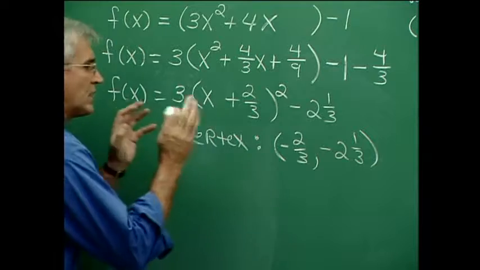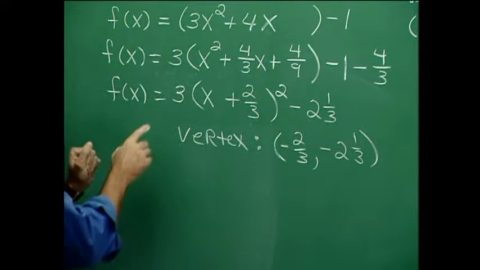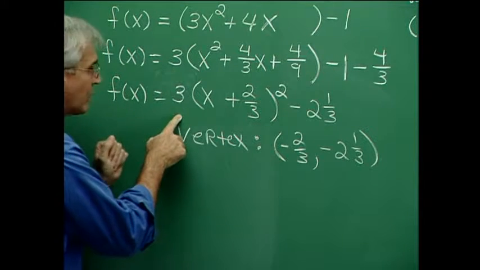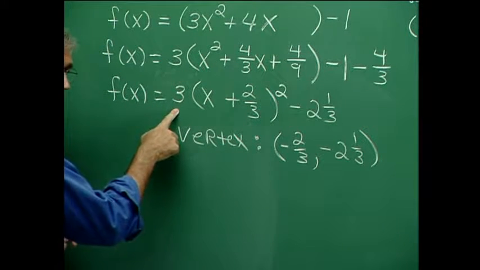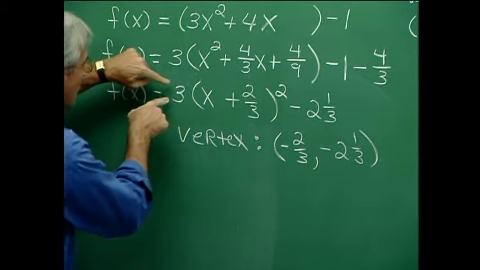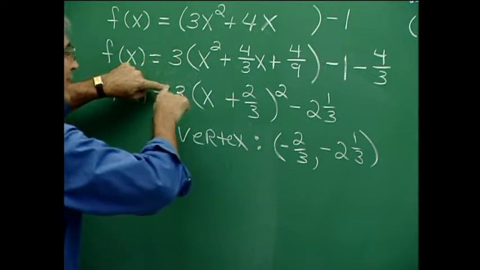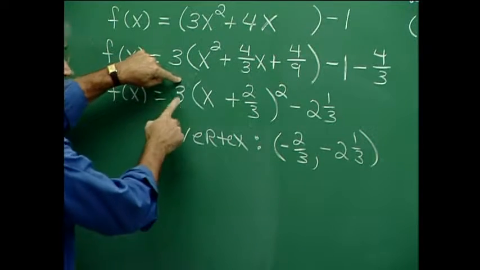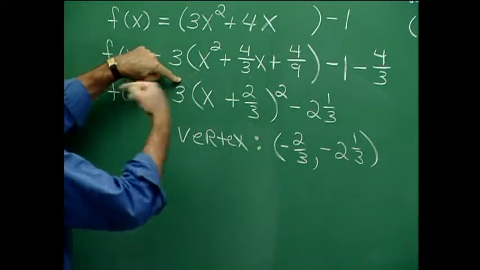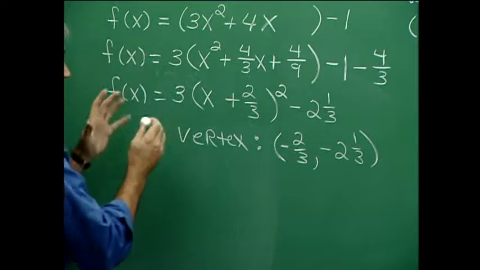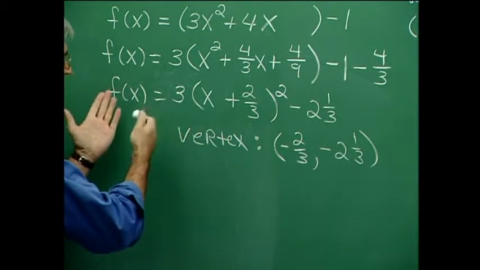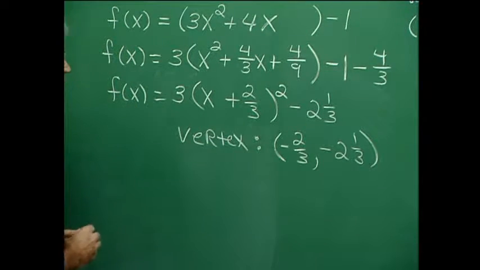And from this position, we know that the graph opens upward because this is positive, and it's really thin because of the 3. Remember that when this coefficient is positive, the graph opens upward. When it's negative, it opens downward. If this number is larger than 1 or less than negative 1, then it turns out that it's relatively thin. And if it's a common fraction, between negative 1 and 1, then it's relatively fat.